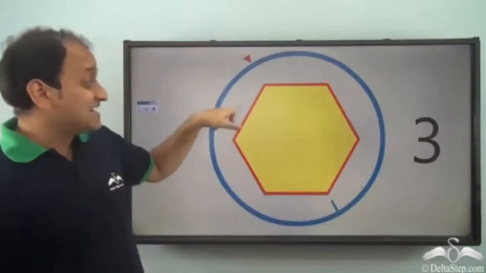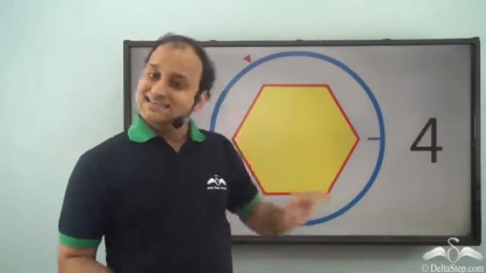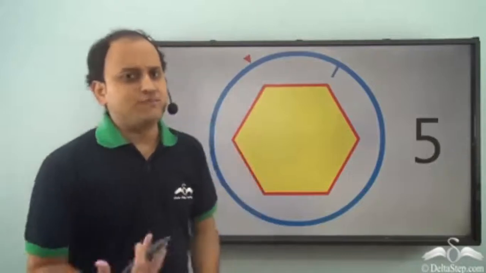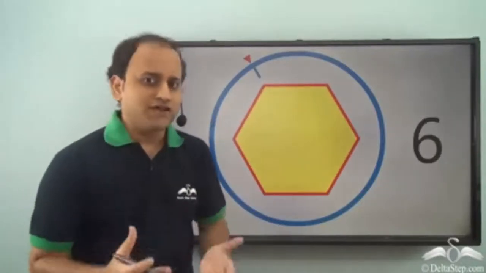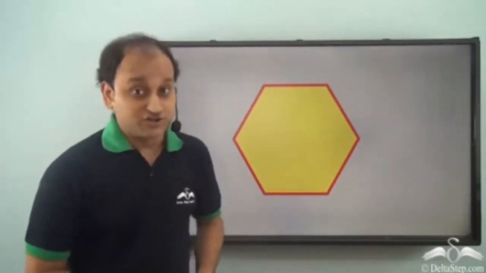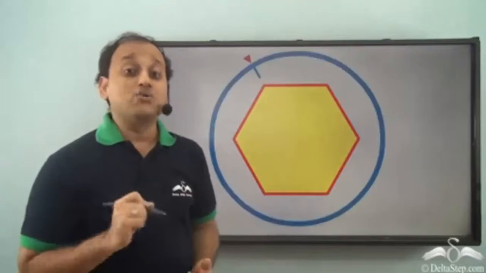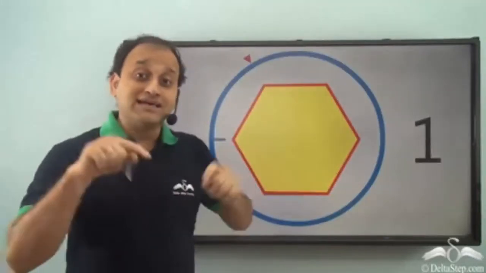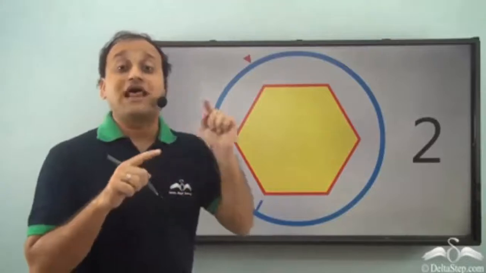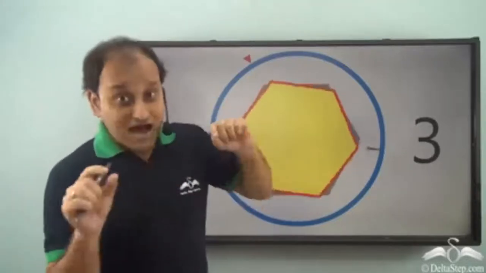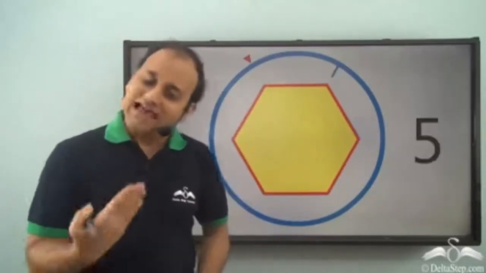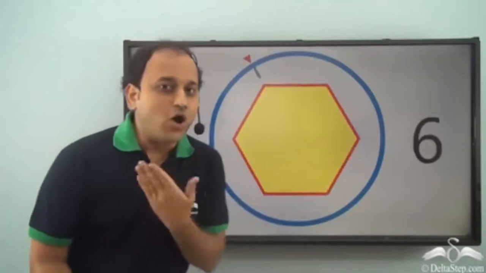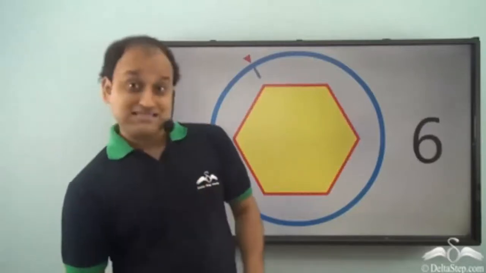And again we see that it has 6 equal sides, and this is a very important indicator. Whenever you have an object which shows rotational symmetry, then by counting the number of similar or identical looking sides or identical looking arms or even petals, you can calculate what will be the order of its rotational symmetry.